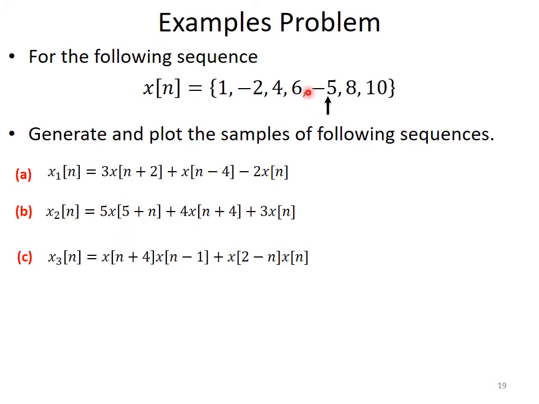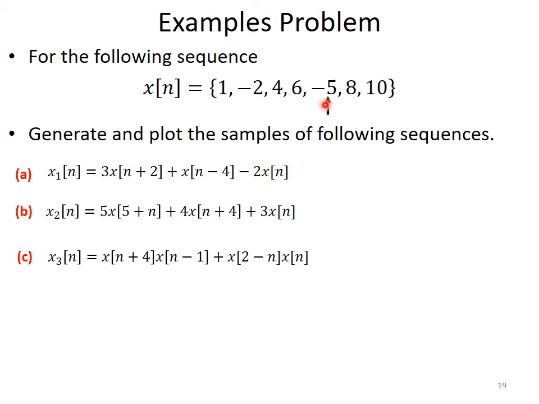Now let me tell you what this arrow actually indicates. This arrow indicates that this sample, -5, is at n equal to 0, right? So this is n equal to 0, this is n equal to 1, n equal to 2, this is n minus 1, n minus 2, n minus 3, n minus 4, right? So the arrow here indicates that this is the sample value at n equal to 0.